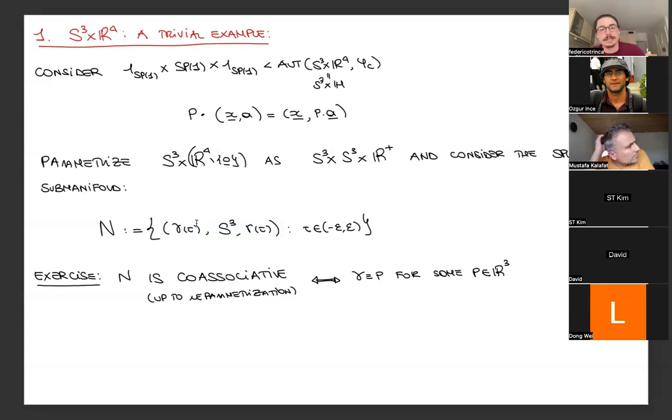So what you get really is a point times R4. In other words, the Sp(1)-invariant co-associatives that I've described are just the fibers over a point of S3. And so these are the same submanifolds that I constructed as a vector subbundle in the trivial case.